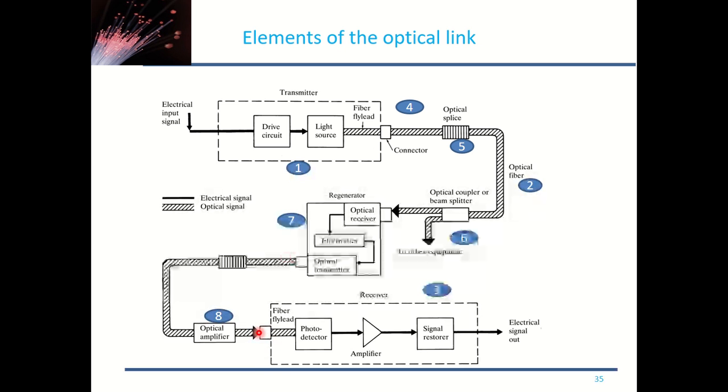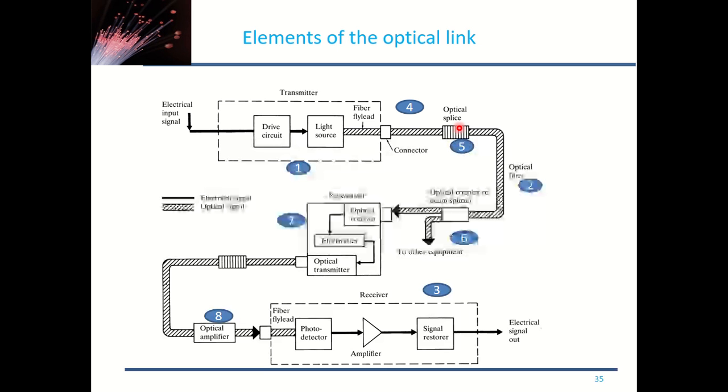Then we require the optical splice. The optical splice is an element which can join two fibers. So basically it makes a joint of two fibers. One very important question is, what is the basic difference between the connector and the optical splice?